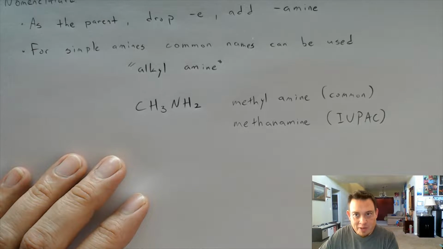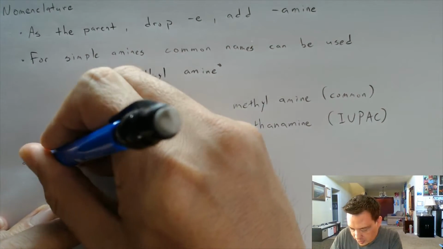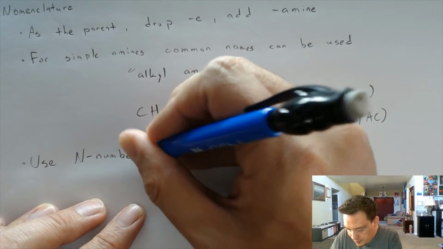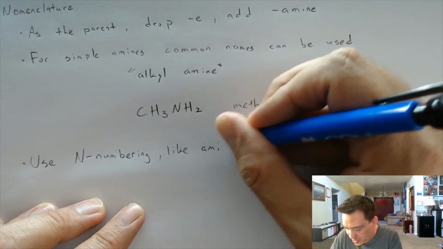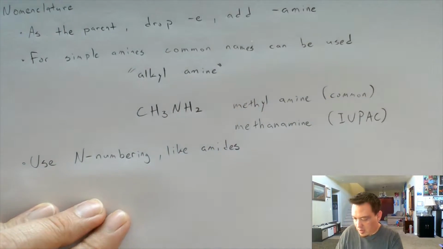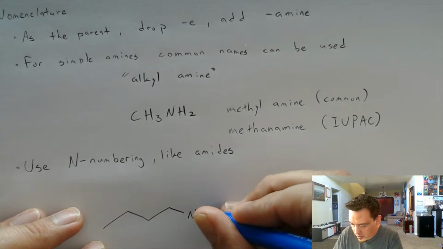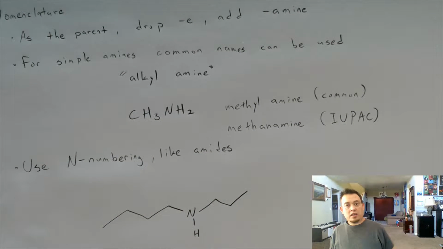If you're numbering, you want to also use the N numbering like amides. We saw this back in the amides chapter. So 1, 2, 3, 4.